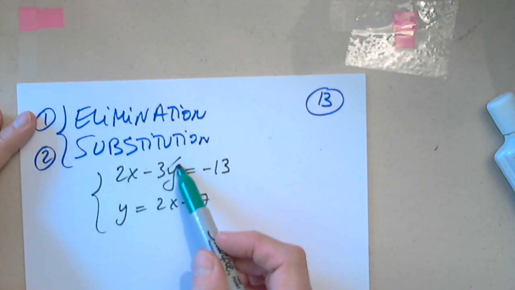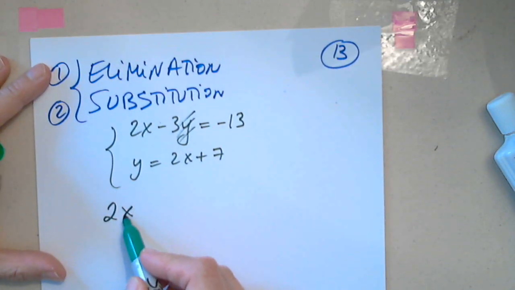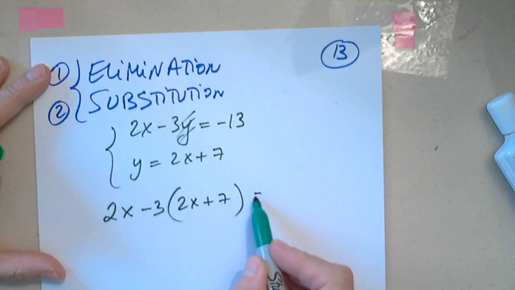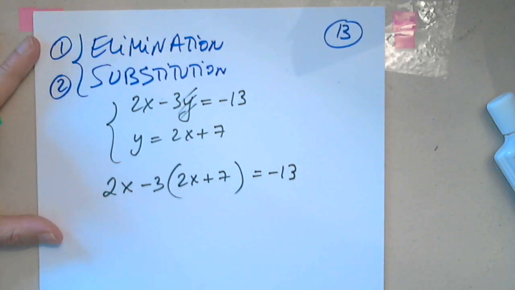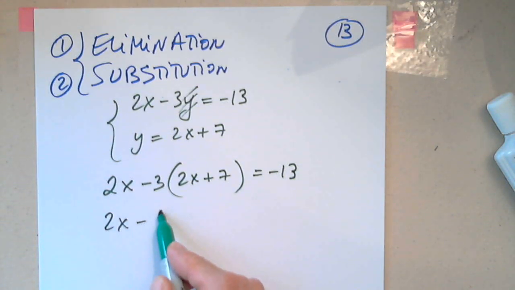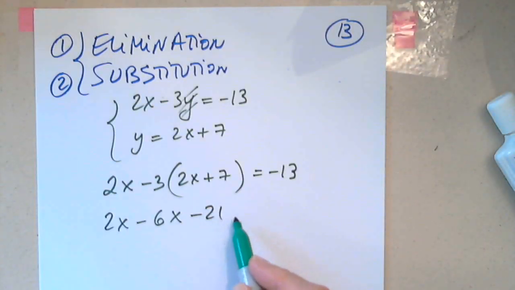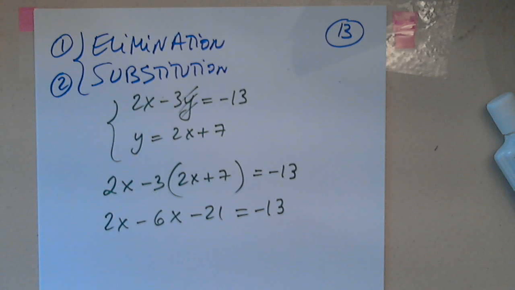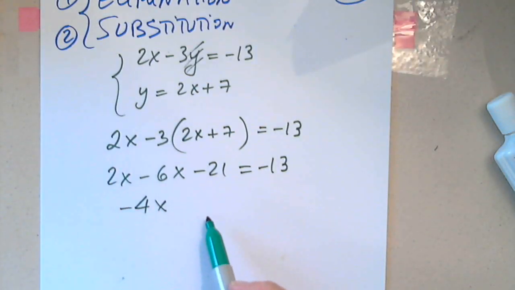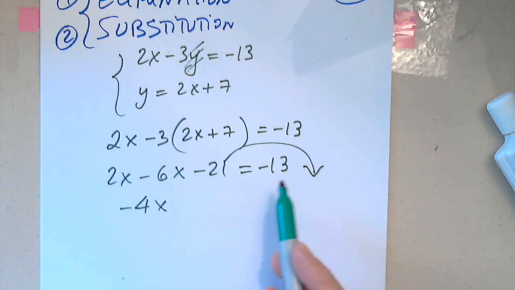And then I replace in here. So the first equation becomes this. This I know how to solve. I will distribute. So I have 2x minus 6x minus 21 equals negative 13. I'm going to add these two, negative 4x, and I'm going to add 21.